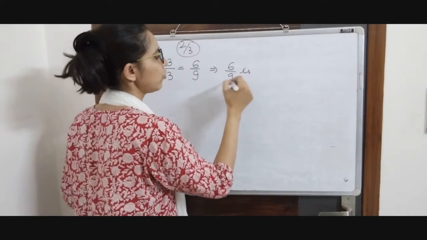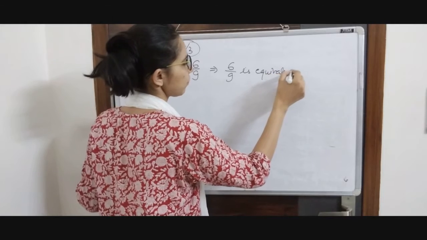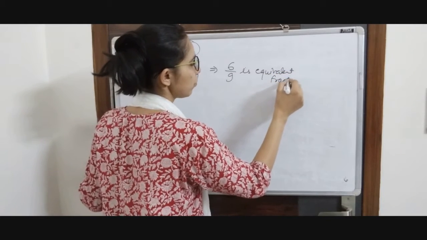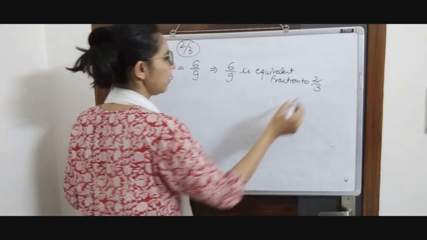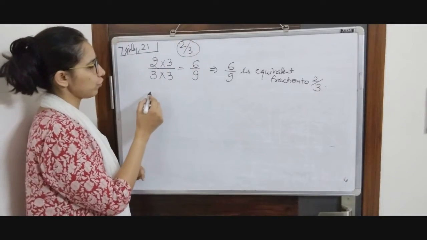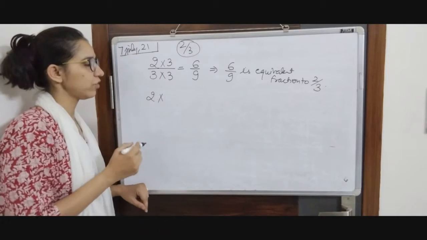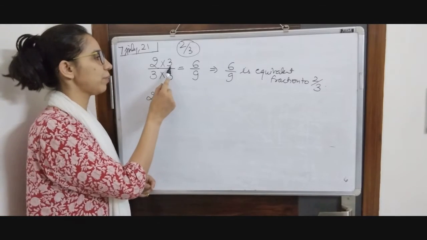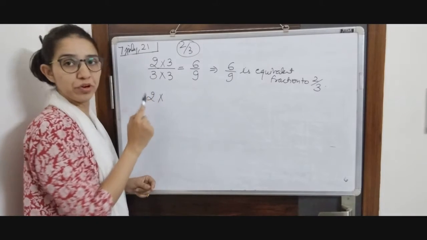Okay, so your 6 by 9 is an equivalent fraction to 2 by 3. Suppose we are multiplying it by another number, but the condition is, by whatever number you are multiplying the numerator, you have to multiply the denominator by the same number.